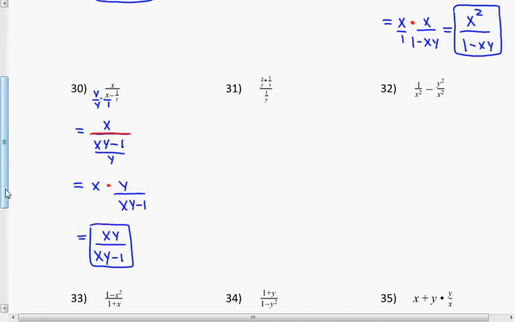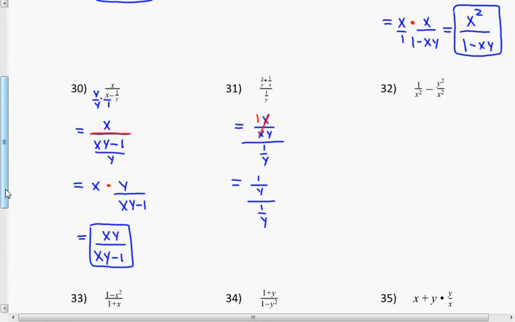For number 31, I'm going to simplify the numerator a little bit first and write that as x over xy divided by 1 over y. And then remember there's a 1 here and those x's will cancel in that fraction that's in the numerator, so I have 1 over y divided by 1 over y.